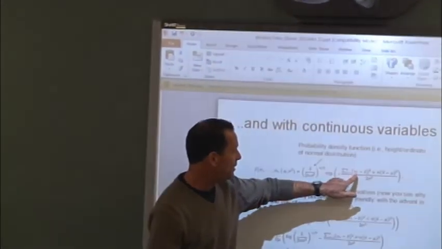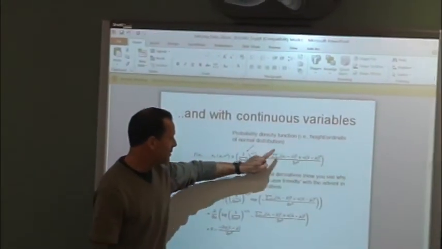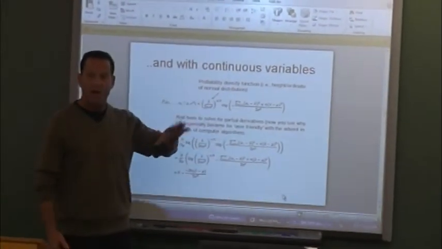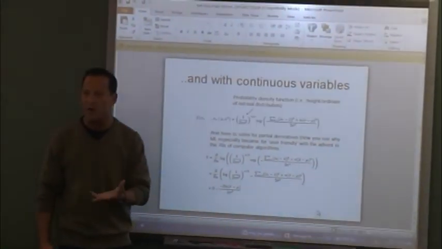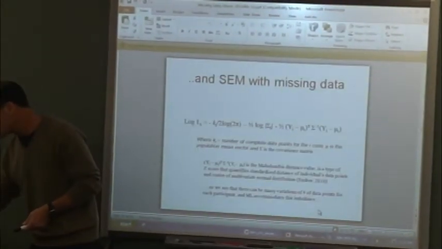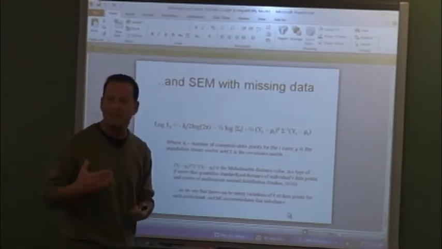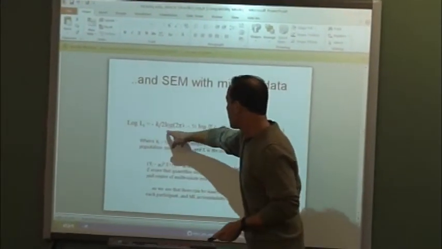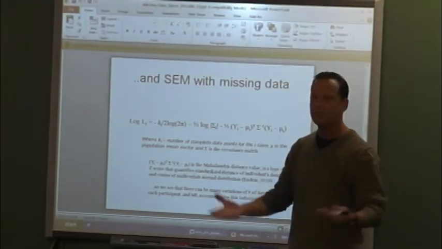And with continuous variables, a mean minus a mean, and you can even put in correlations, covariances, all this information, all these parameter estimates that maximize the likelihood of the observed data. What's really cool about missing data and maximum likelihood is it'll use all the information. It'll integrate across each person.